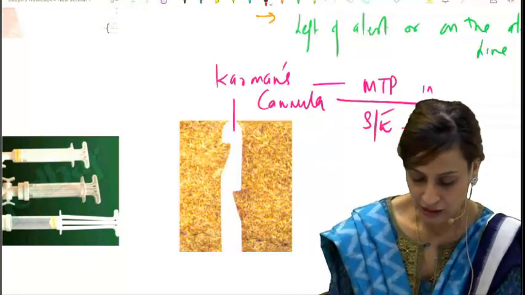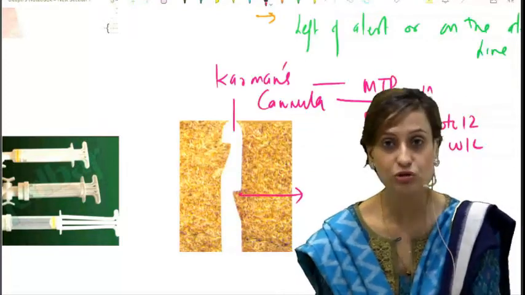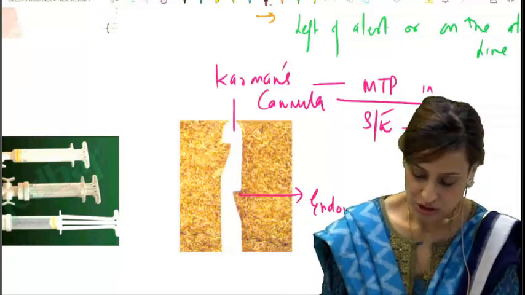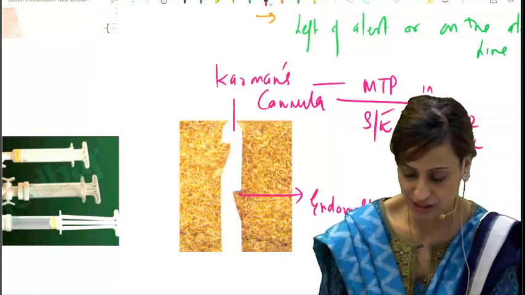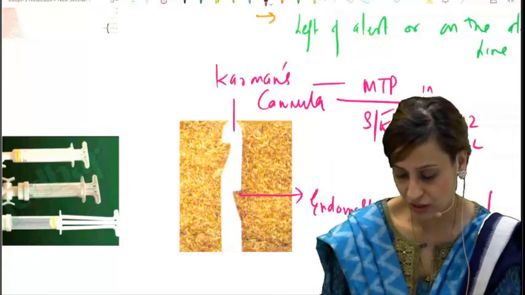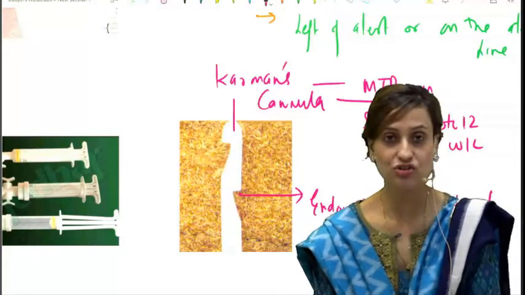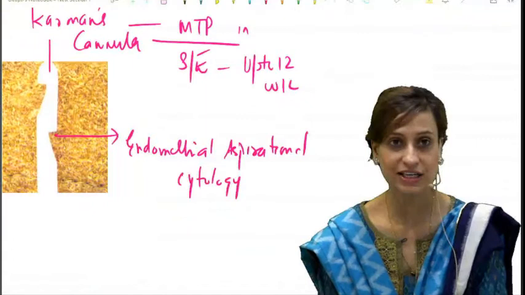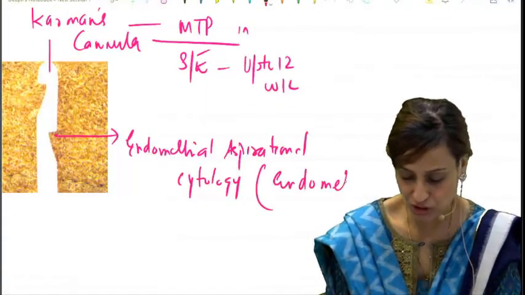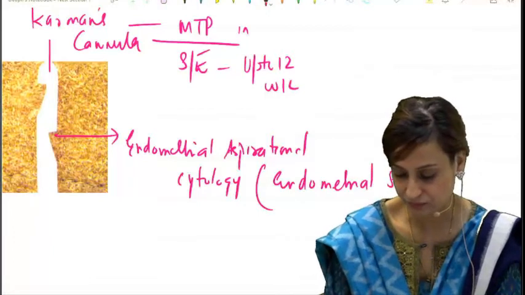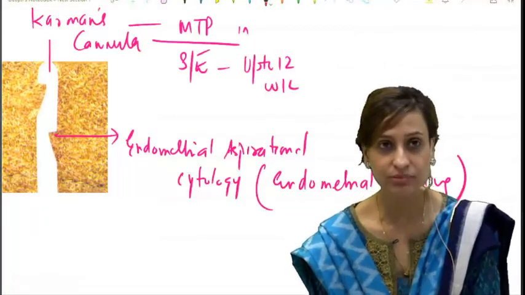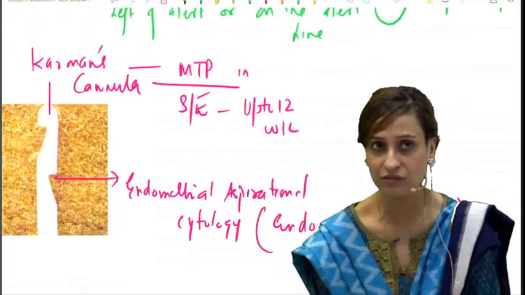But this Karman's cannula is also used to do endometrial aspiration cytology in non-pregnant women, or simply put, endometrial sampling. So in non-pregnant women we use it for endometrial sampling, and in pregnant women we use it for MTP.